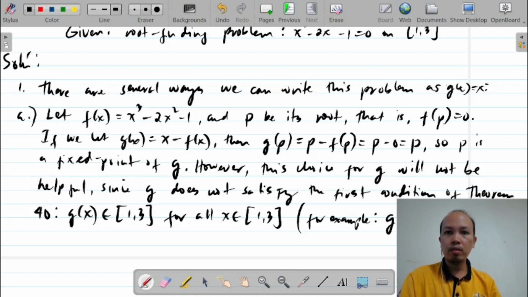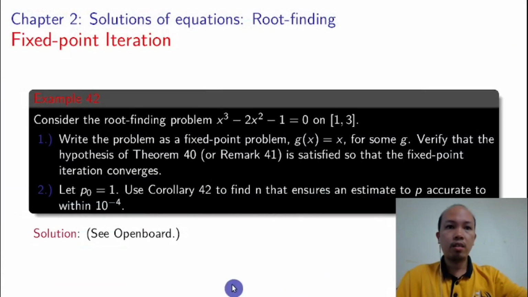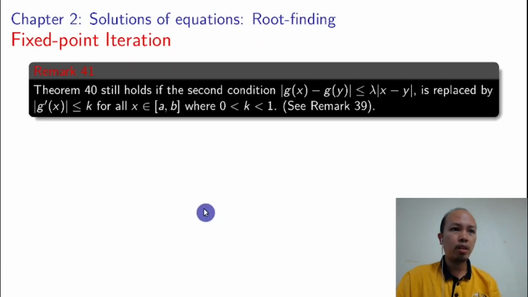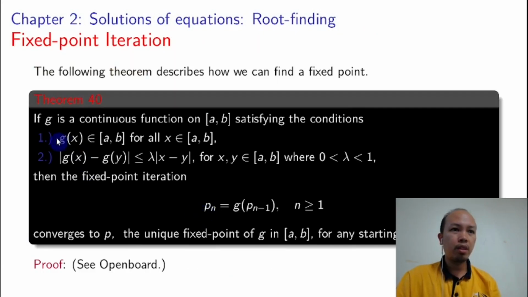Okay, so if you look at theorem 40 number 1, it must be that all the function values for all x in the interval [a, b] must be an element of [a, b] also.